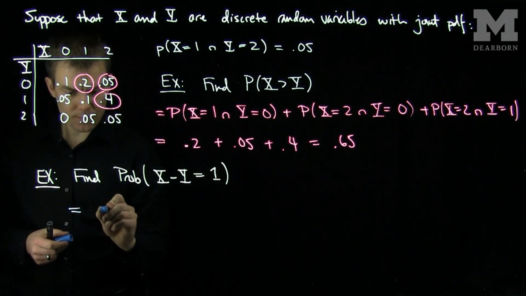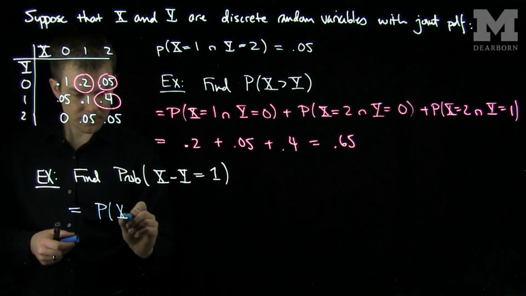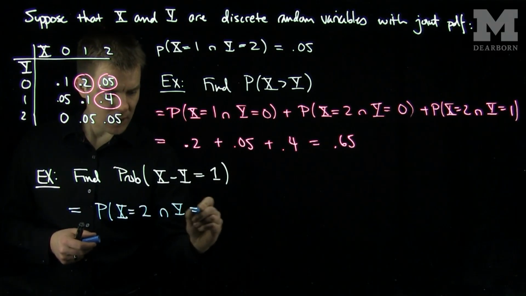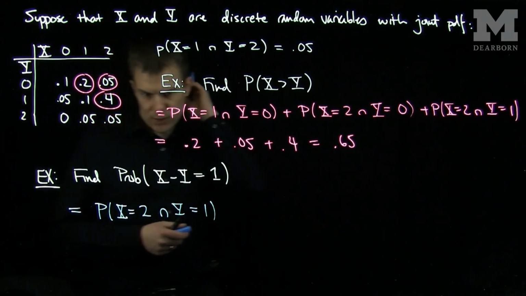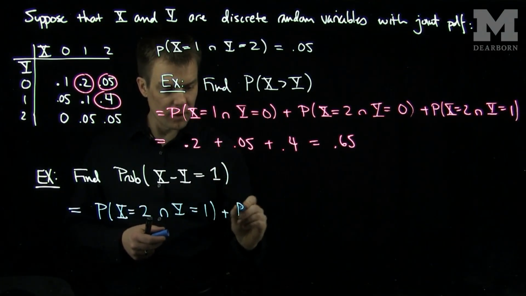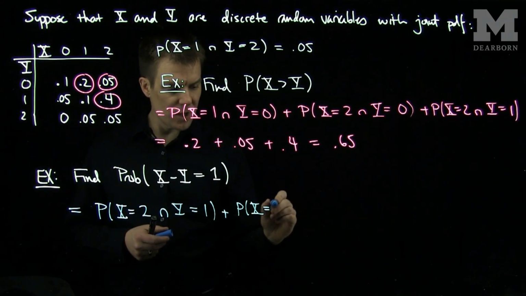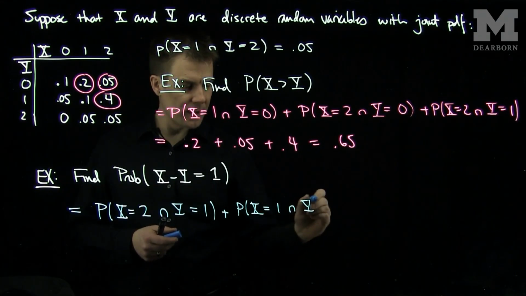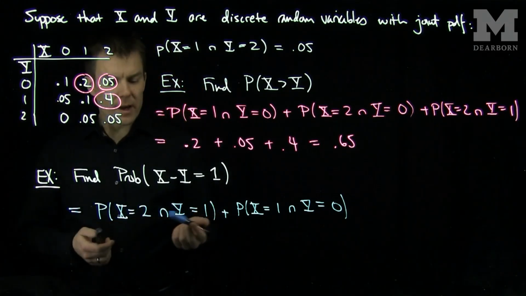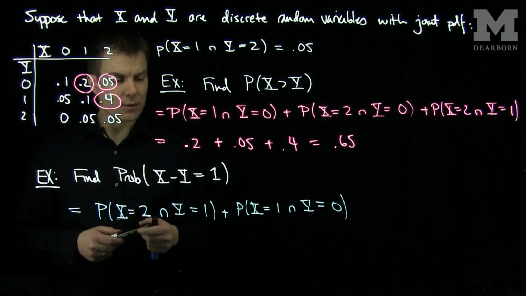This is equal to the probability that X equals 2 and Y equals 1, because if X is 2 and Y is 1, the difference will be 1. Or I can have the probability that X is equal to 1 and Y is equal to 0. And those are the only two ways that X minus Y can be equal to 1.